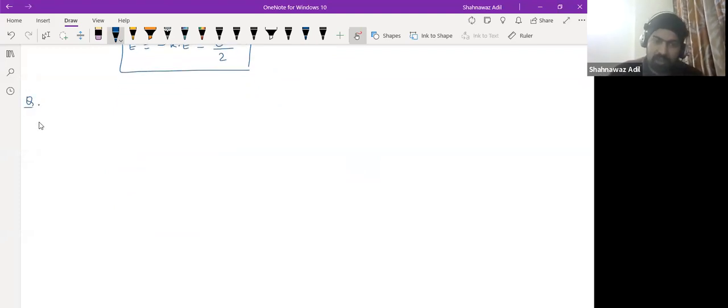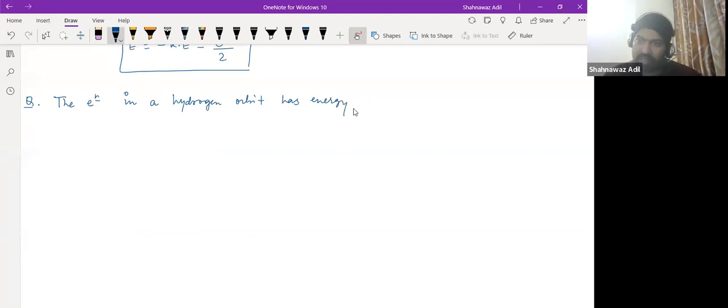So let's say the electron in the hydrogen orbit has energy, let's say, minus 2 electron volt.